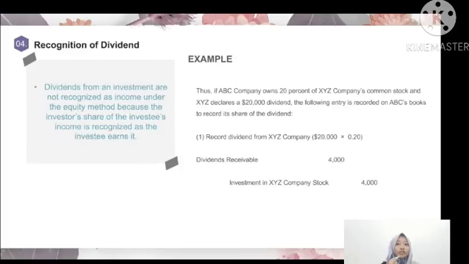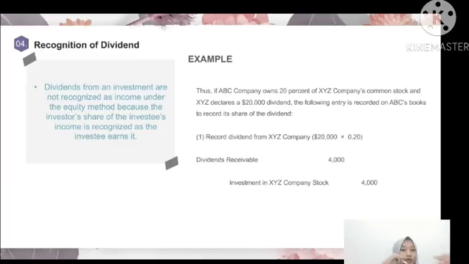And then we move to the recognition of dividend. Dividend in the equity method is different from income, because income is recognized as the investee earns it, and dividends are not. Example: the ABC company owns 20%, and then the XYZ declares a $20,000 dividend.